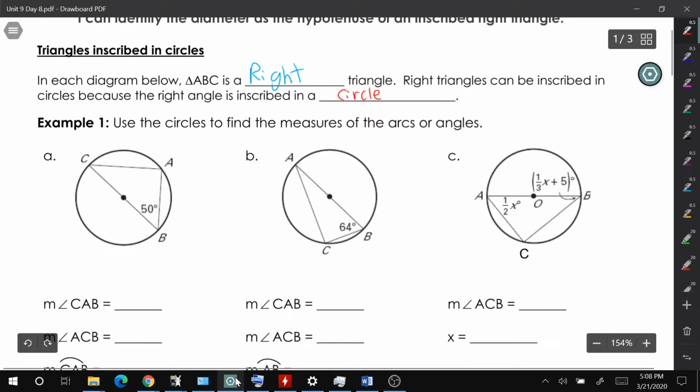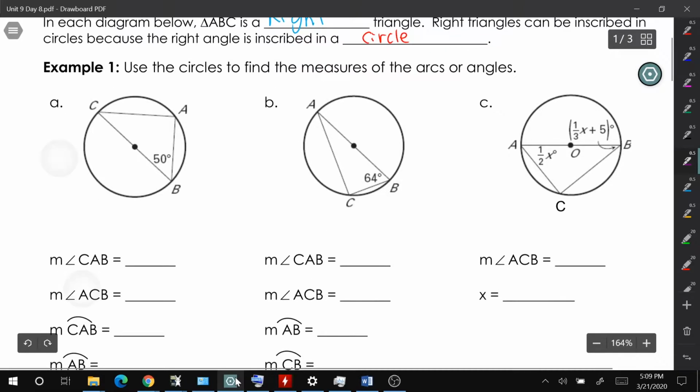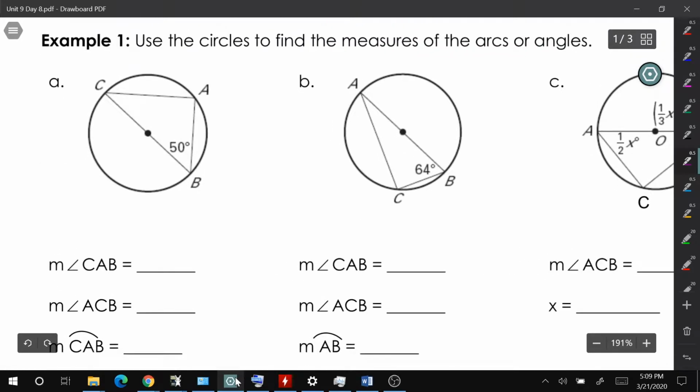In these diagrams down here, all the triangles are right triangles, and we can use what we know about right triangles and arc measure to solve these problems. So if we look at A, this is a 90 degree angle, one because they tell us, and two because the arc that is formed is a semicircle.